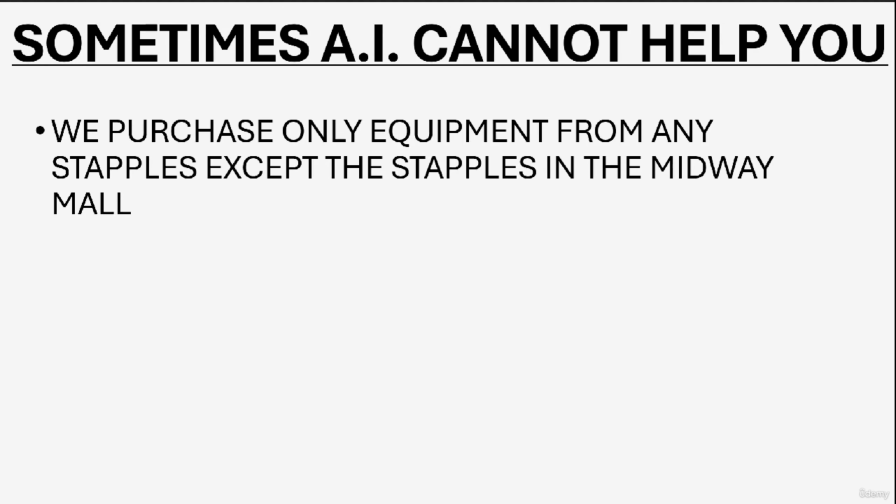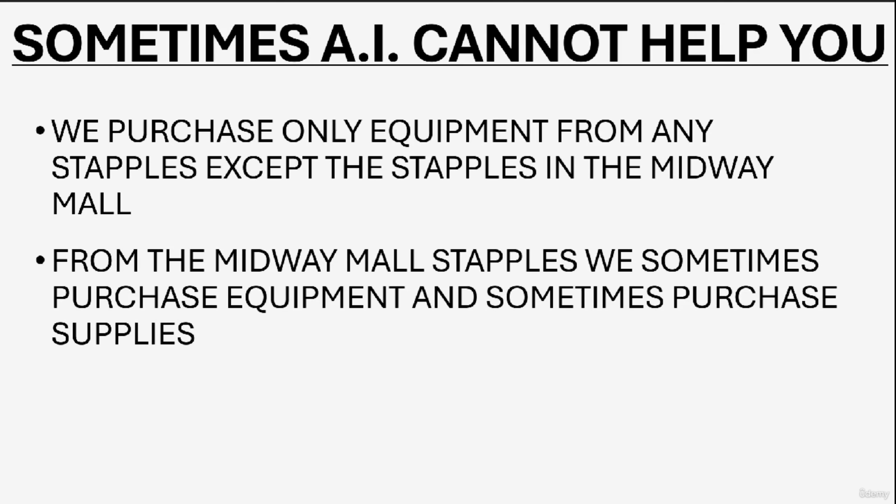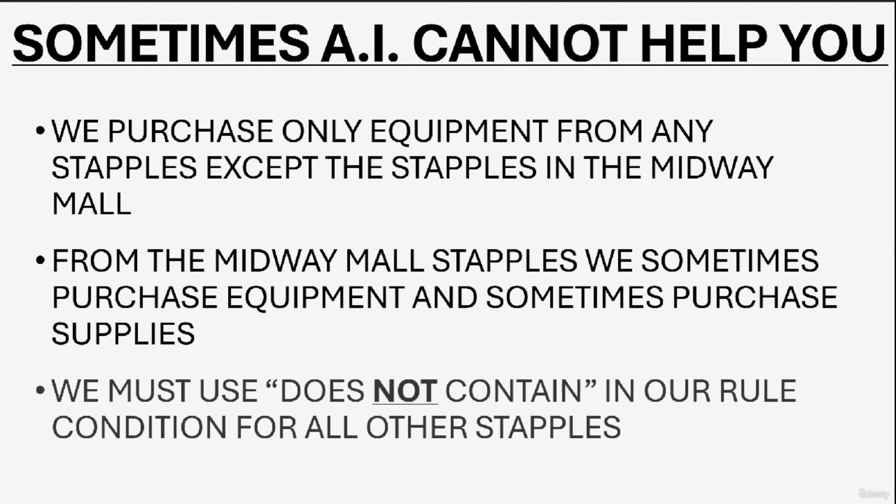It's spelled with 2 P's, in order to avoid any kind of lawsuit. So again, we purchase only equipment from any other Staples except the Staples from the Midway Mall. And let's imagine from the Midway Mall Staples, we sometimes purchase equipment and sometimes purchase supplies.